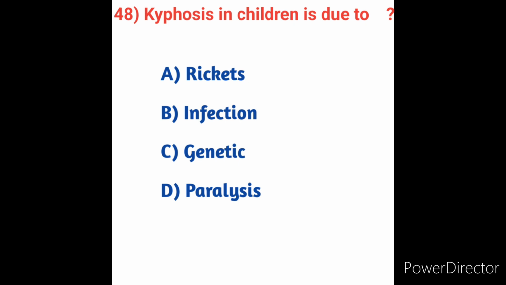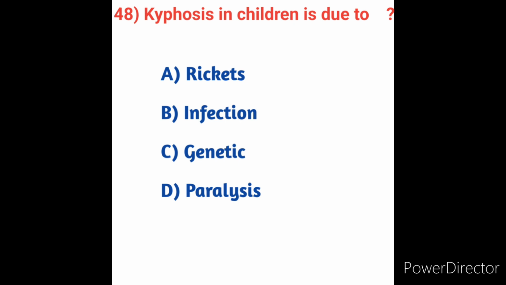Kyphosis usually refers to an abnormally curved spine. Causes of kyphosis include poor posture in childhood, such as slouching, leaning back in chairs, and carrying heavy school bags, and a prenatal or perinatal diet deficient in vitamin D. Due to vitamin D deficiency, the child will get rickets.